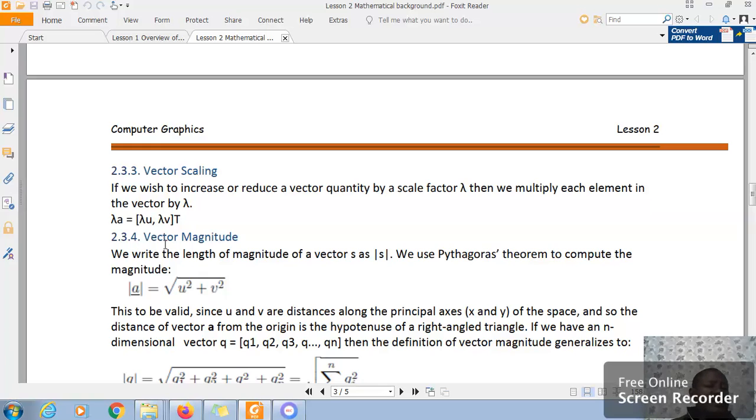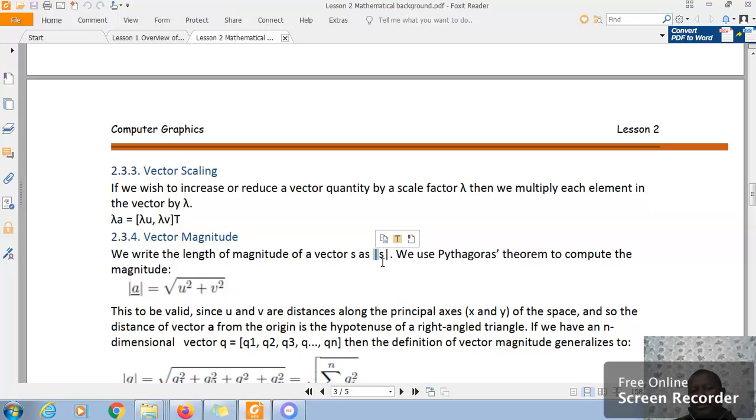If we want to obtain or indicate the magnitude of a vector, we use the absolute sign, the two pipe signs. If you are using a laptop to type, we write the length of the magnitude of a vector A with these pipe signs.